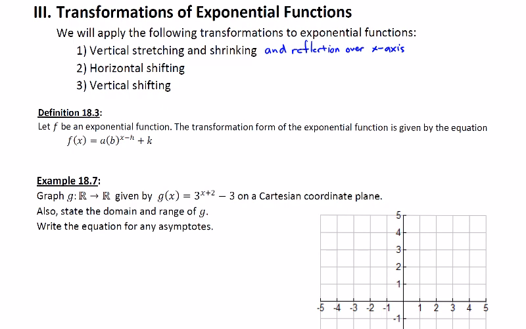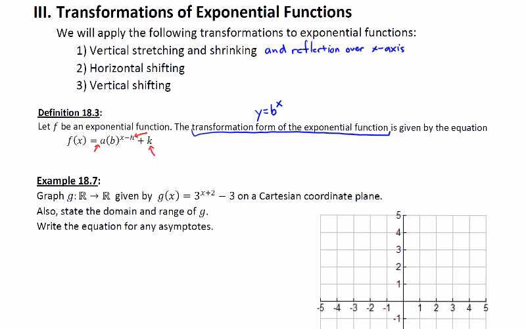Now, definition 18.3 is going to describe for us what we call the transformation form of the exponential function. So it's going to be an adaptation of y equals b to the x, so that way it accounts for stretching and shrinking vertically, reflection over the x-axis, horizontal shift and vertical shift. So what you'll notice in comparison with your basic y equals b to the x is that you have a, you have h, and then you also have k.